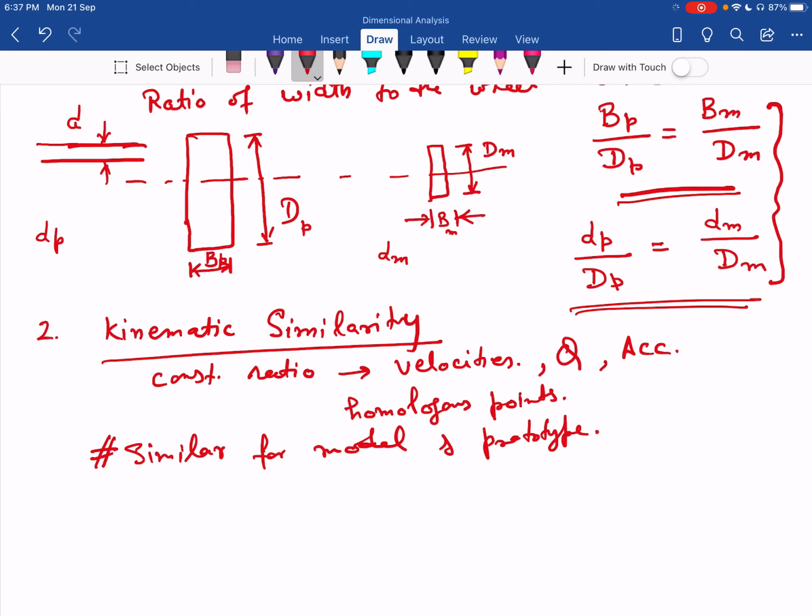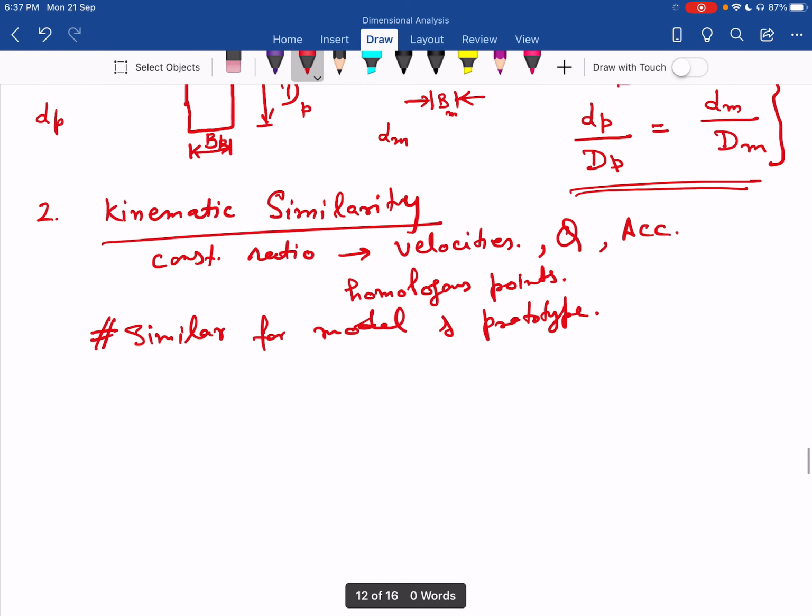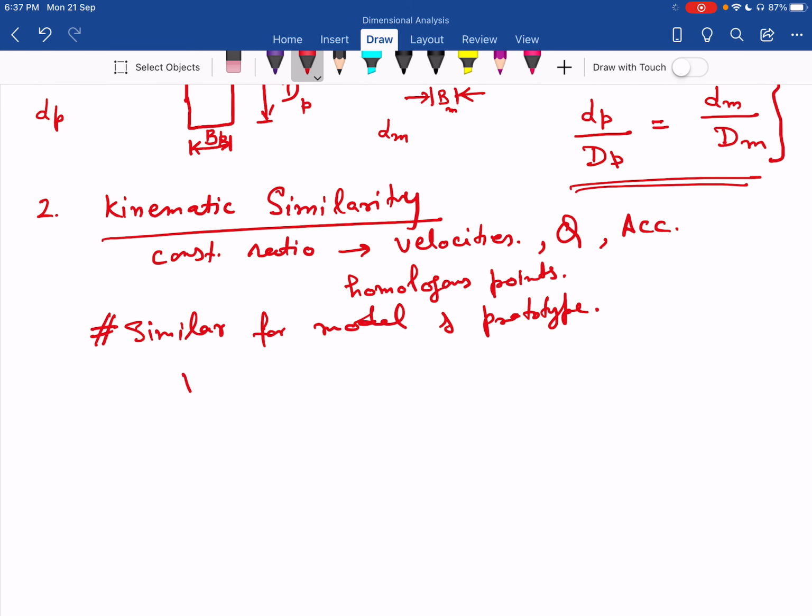The ratios for velocities we can write as V upon u. The meanings are much clearer when you study turbines and pumps.